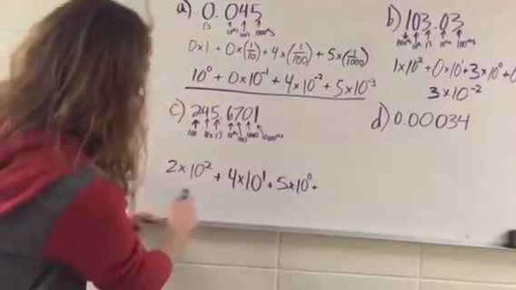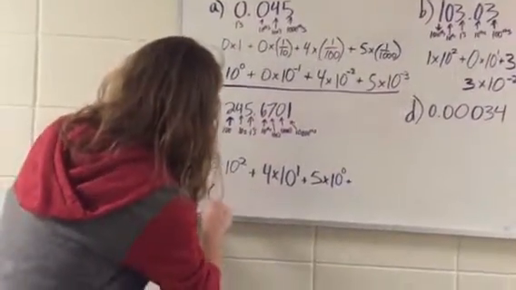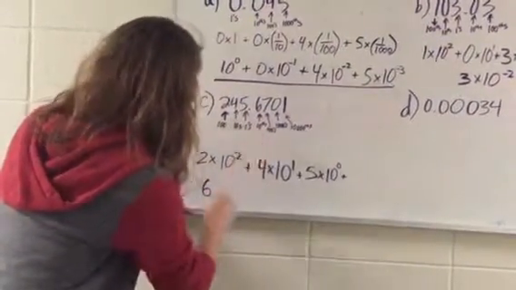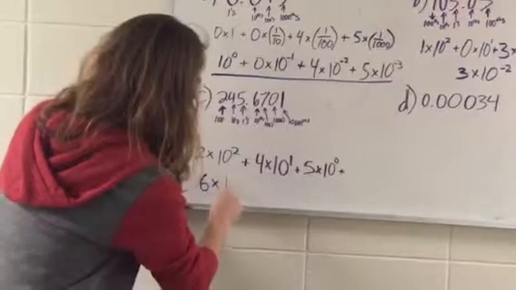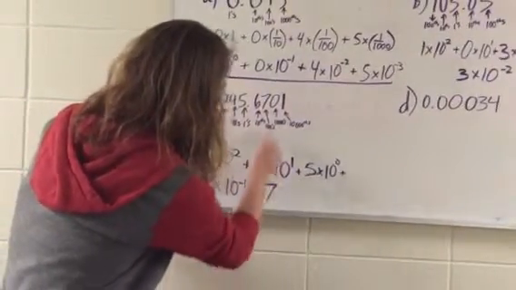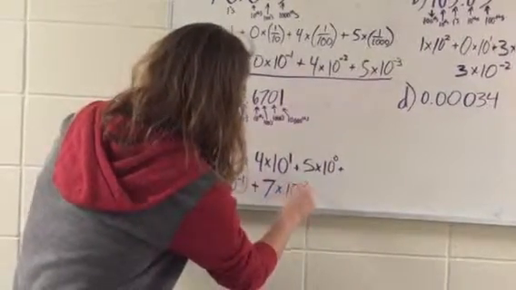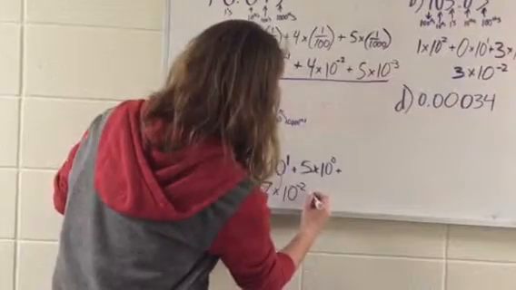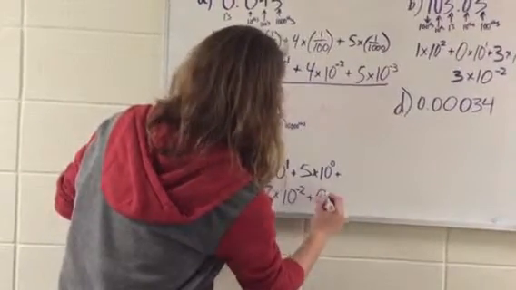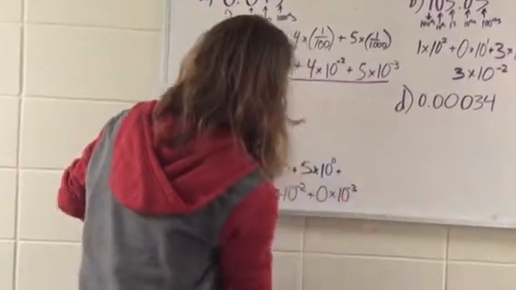We're going to jump down here just to leave ourselves a little bit more space. We're going to do 6, and we're in the tenths place now. So 6 times 10 to the negative 1, plus 7, we're in the hundredths place, times 10 to the negative 2, plus 0 times 10 to the negative 3.